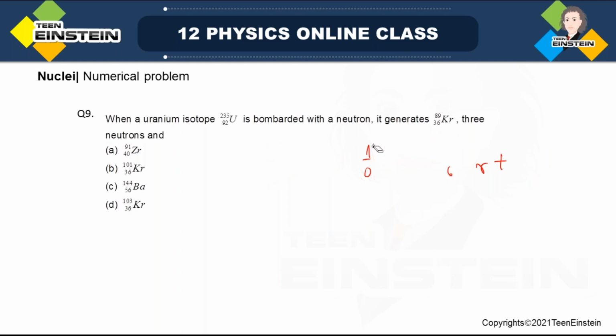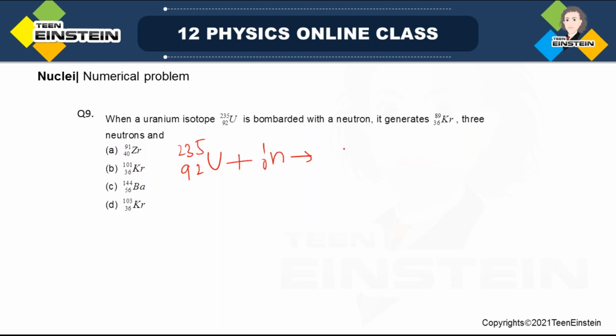I'll write in a little smaller font so that I can write in a single line. Uranium 92 is bombarded by neutron 10.